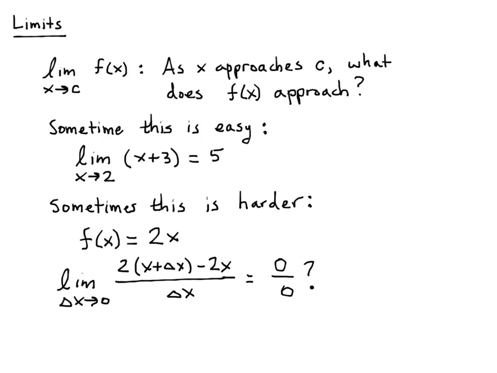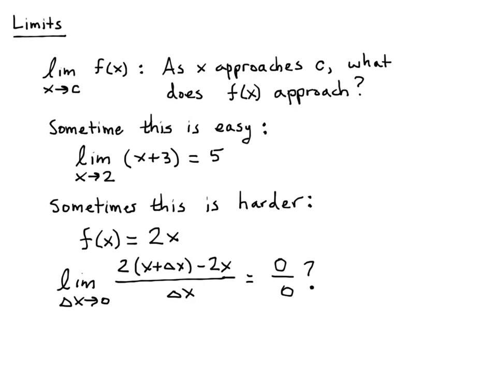How about this one? So f at x equals 2x. Okay, so as my delta x goes to 0, remember this is going to give me the instantaneous rate of change. What's the instantaneous rate of change of this ratio that I've defined? And what we have is 0 over 0, right?